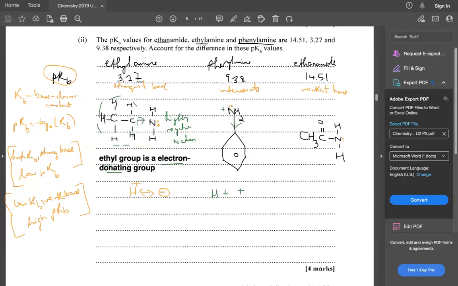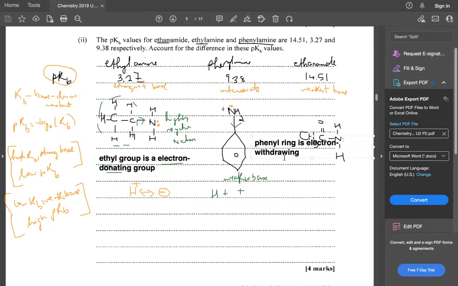It's not going to readily accept a proton, and that's what we define bases as. So if you can't readily do that as much as this one would be able to do it, then it's going to be a weaker base when compared to our ethyl group bearing amine, right? So this is a weaker base on account of the fact that the phenyl ring is electron withdrawing, and so it pulls all the negative charges to itself.